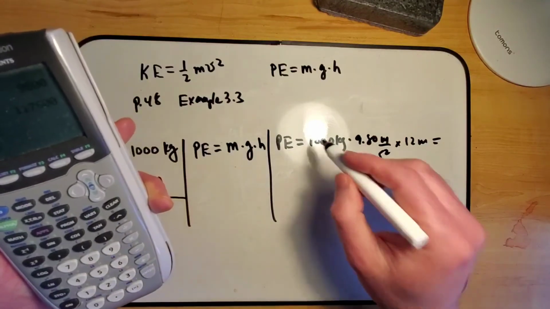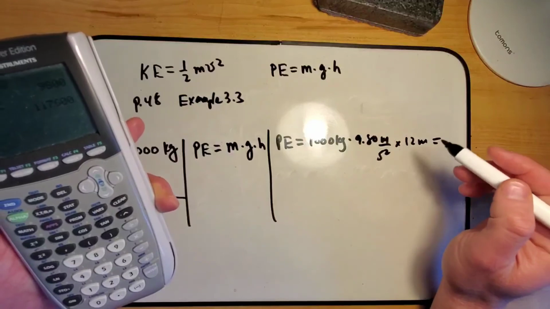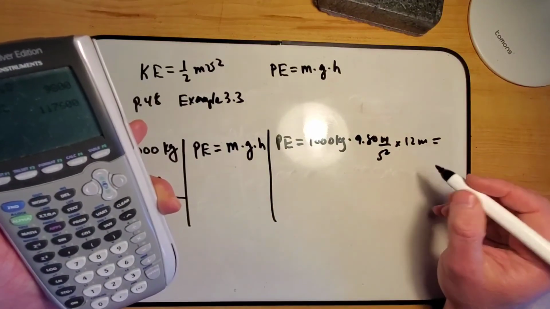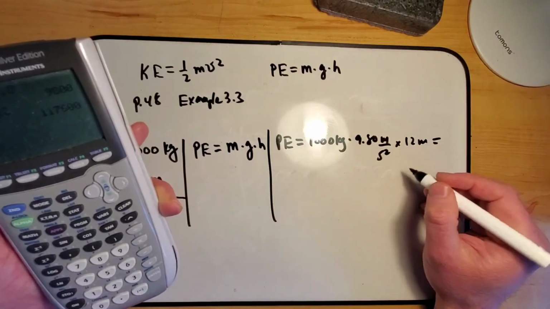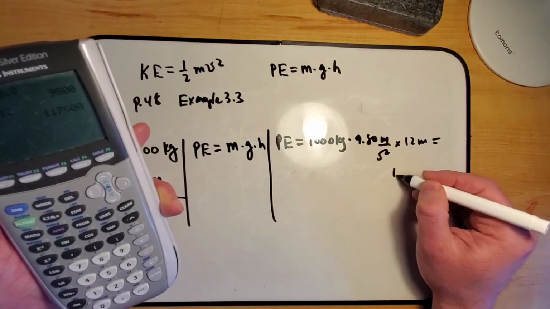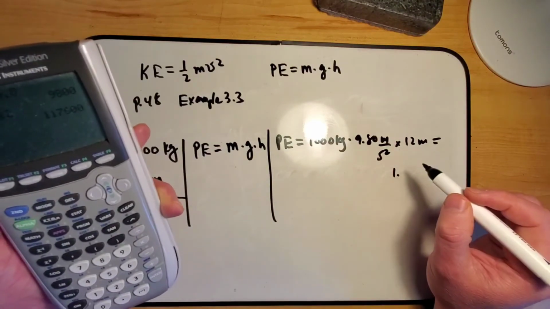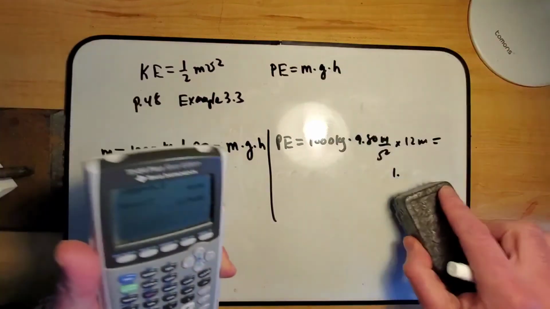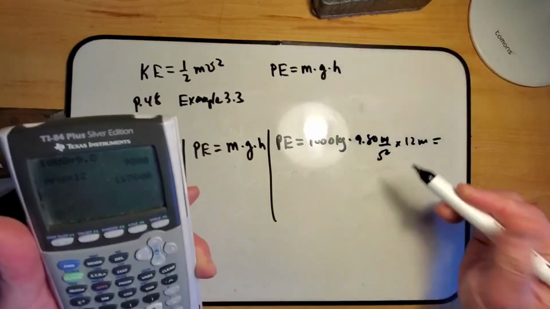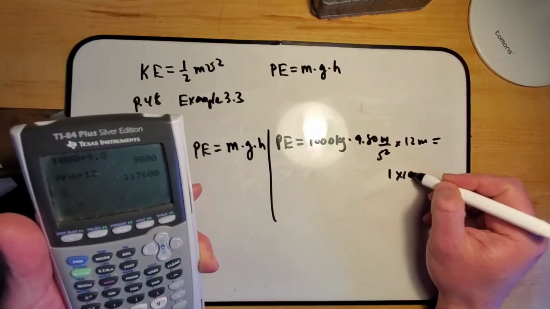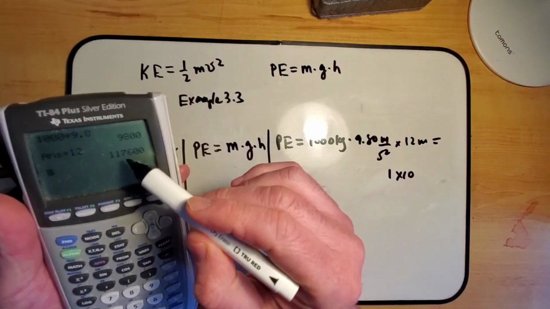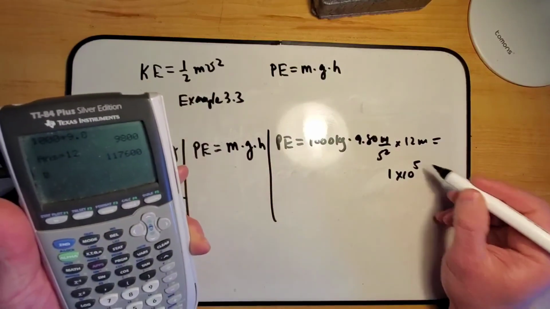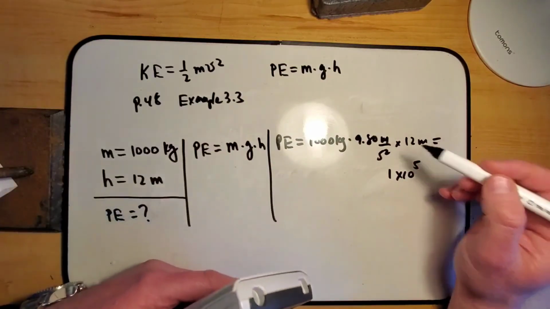I only got one significant figure here because of this. So my final answer will look like one significant figure. It's going to be 1, don't need the point here, times 10 to the 5. Now, what's going on with my units here?